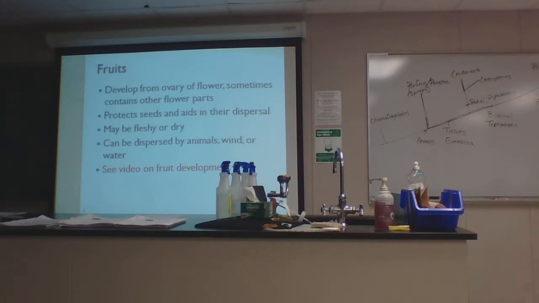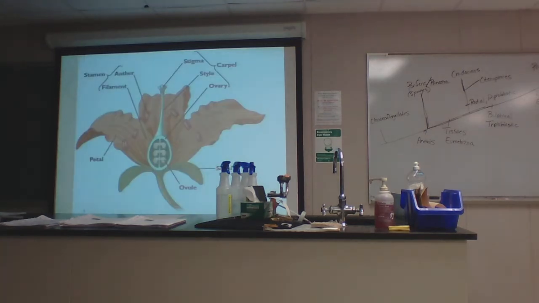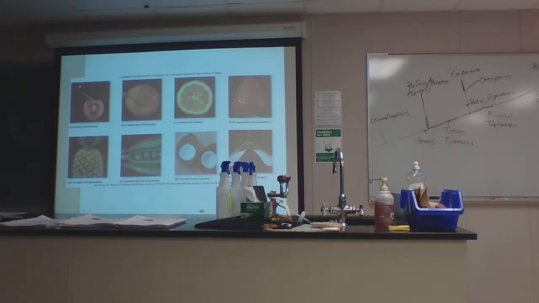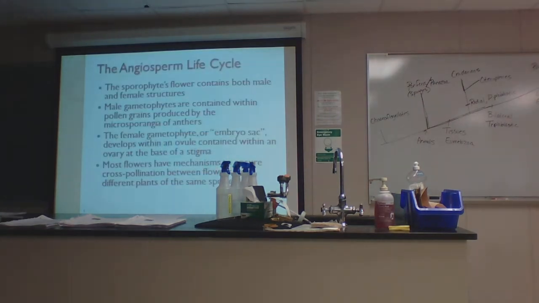So, fruits. Fruits develop from the ovaries of the flowers. So this part down here is what becomes the fruit. And fruits help the seeds to be dispersed in various ways. Mostly by animals.